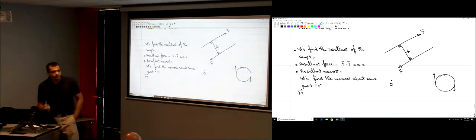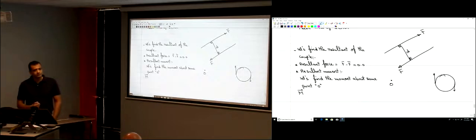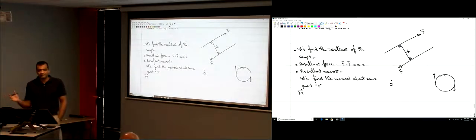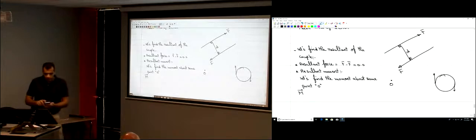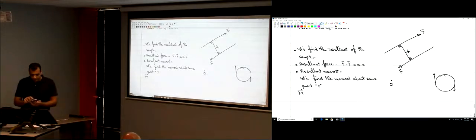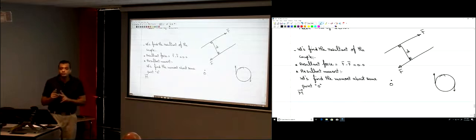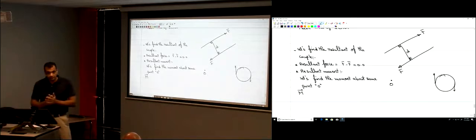What's the vector of the moment? The distance R multiplied by F, right? But here we have two forces. So I have to find the moment of each of those forces, and add them together, right?